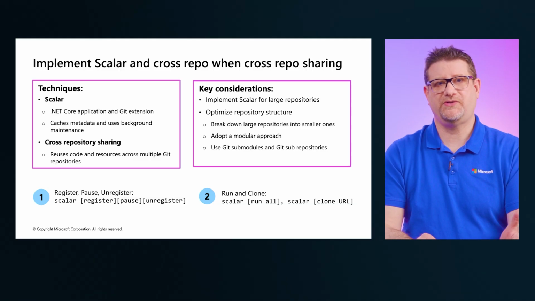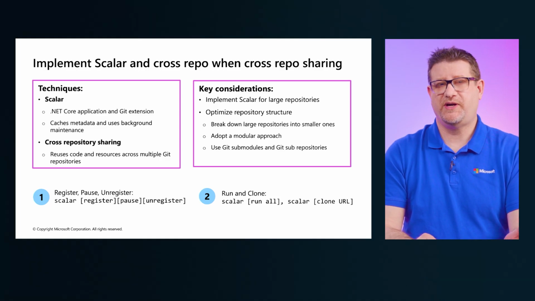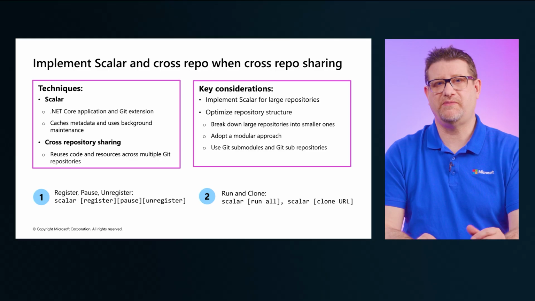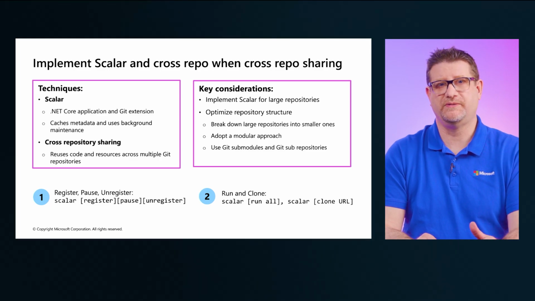Scalar has cross-repository sharing, which allows code and resources to be reused across multiple Git repositories. And to optimize repository structure, it's recommended to break down larger repositories into smaller modular ones and then use Git submodules or sub-repositories.